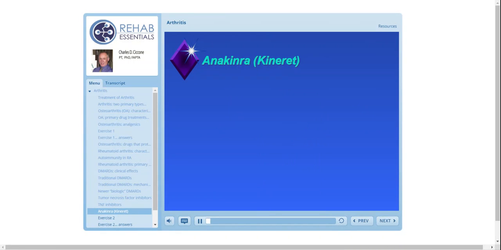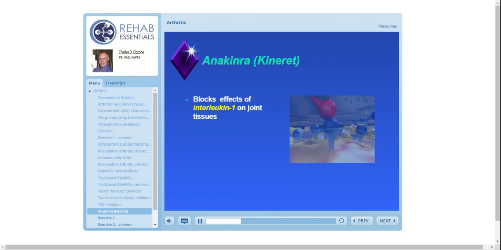The next major option we developed to treat these, to be more specific in controlling autoimmune response in rheumatoid arthritis, is a drug called anakinra, or Kineret. It blocks the effects of a different chemical called interleukin-1, which normally binds to joint tissues and promotes destruction of those tissues. You see a diagram here.